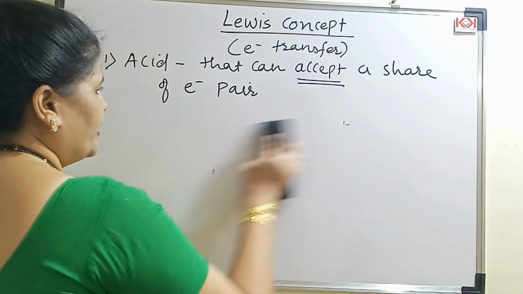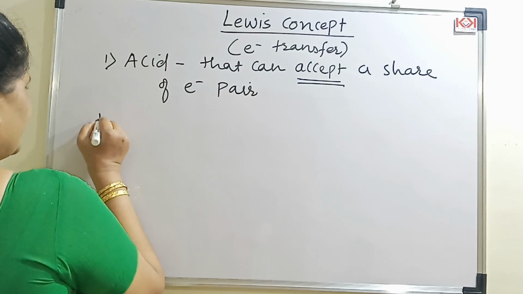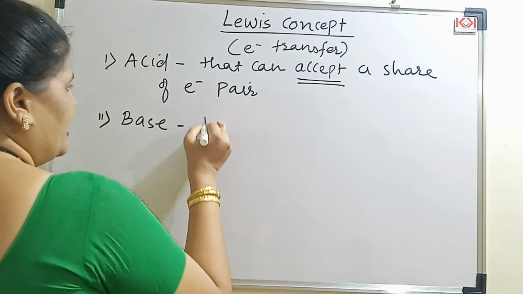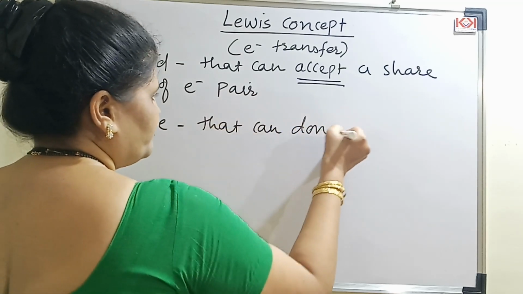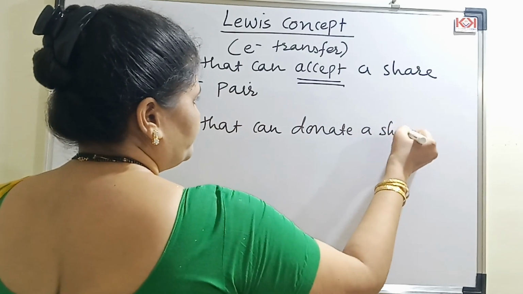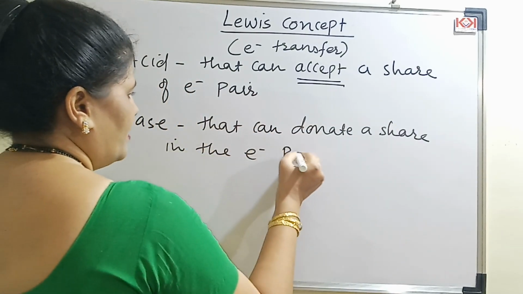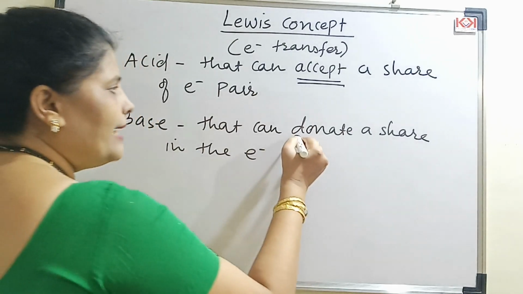Now let us see what is a base according to Lewis. If I say an acid is one that can accept, what is a base? According to this, a base is a substance that can donate a share in the electron pair. Now what is the meaning here? That can donate. Now students, who can donate?